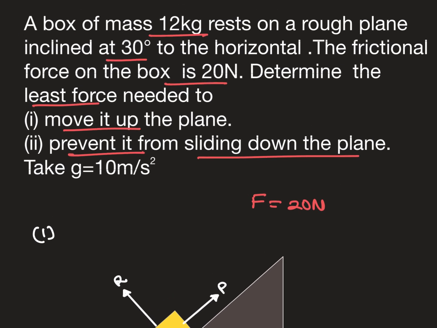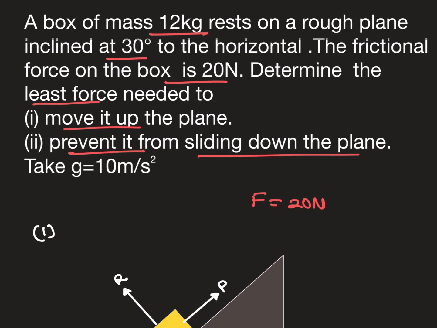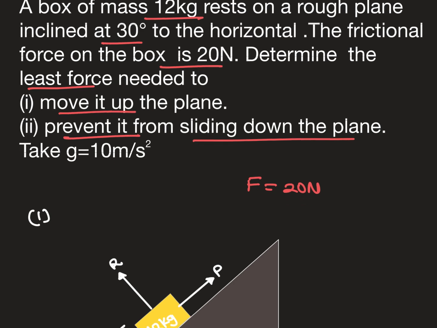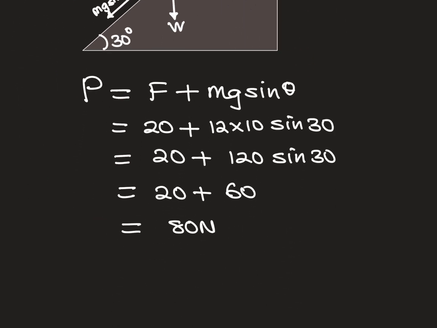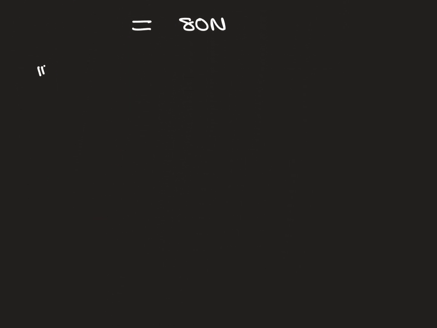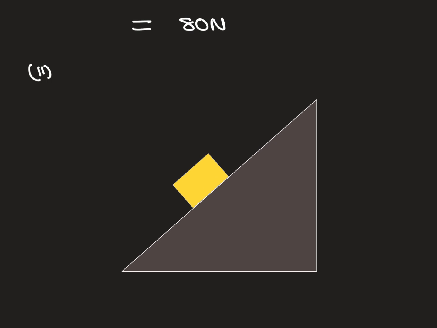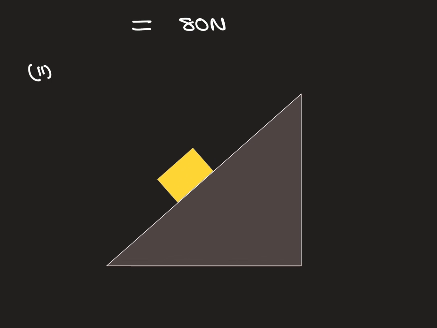The second question is we want to determine the least force needed to prevent the body from sliding down the plane. Okay, so in the second question, the object is to slide down the plane. If it is to slide down the plane, it means that the force we need to prevent it from sliding down has to act upwards.